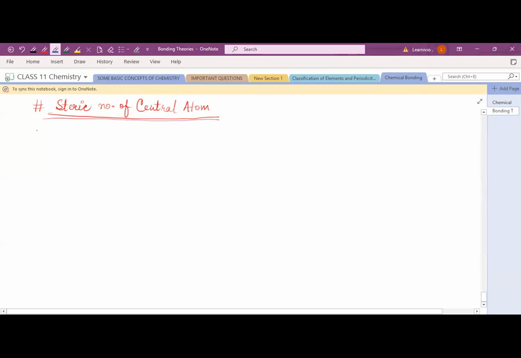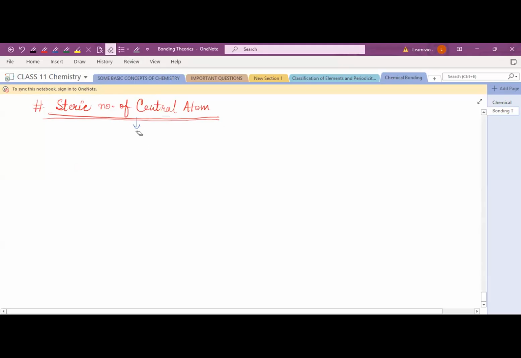So what is a steric number? A steric number is basically the total number of atoms which are directly bonded to the central atom plus the number of lone pairs of electrons on that atom. Okay, so that's the steric number.